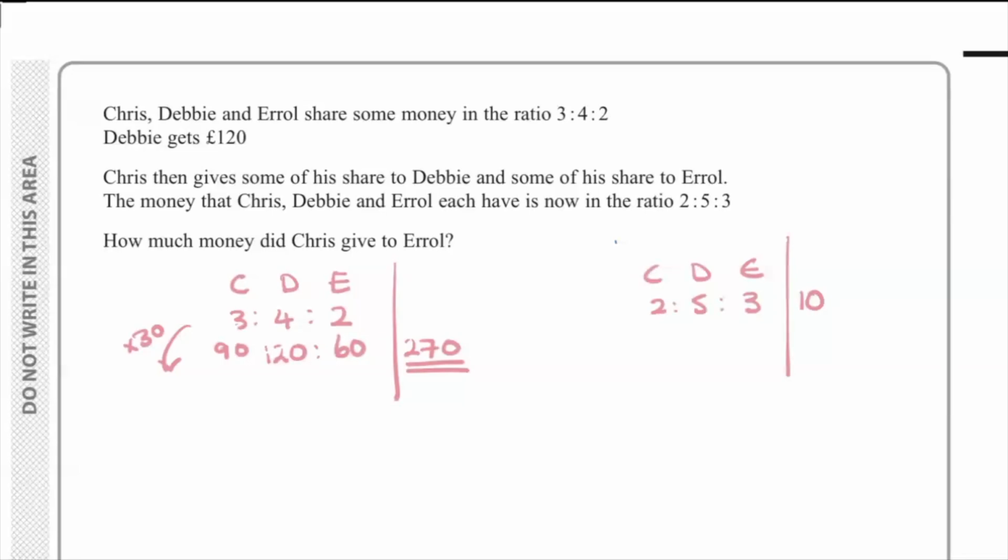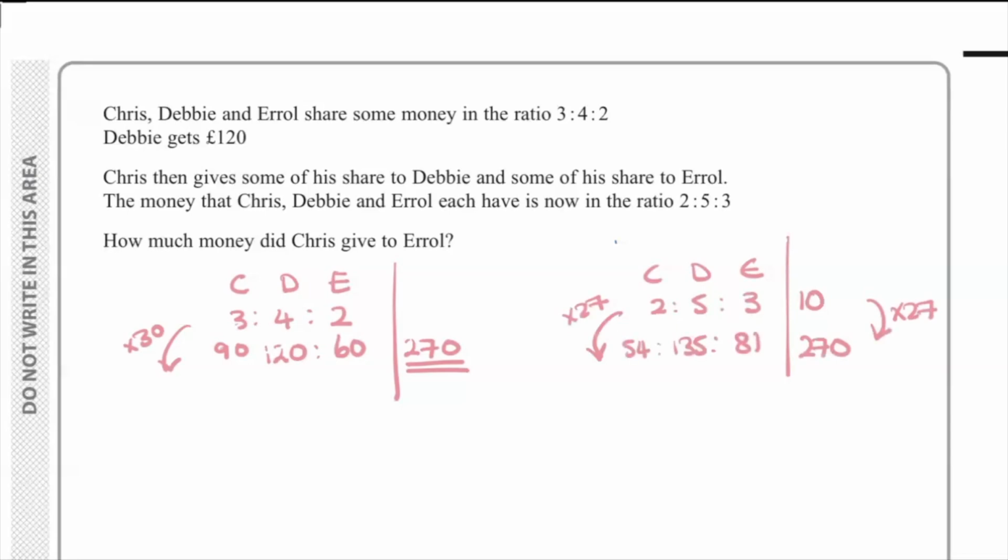But we know the total they share is 270. Once I make that connection, I can just see, what do I multiply 10 by to get to 270? And then I do the same on this side. That will give me 54, 135, and 81.